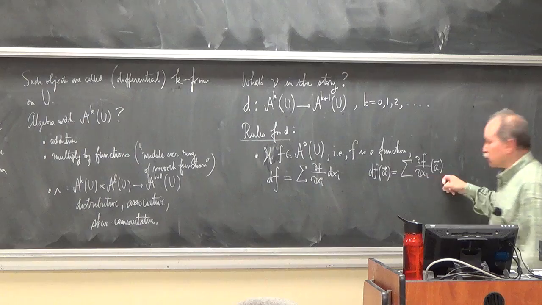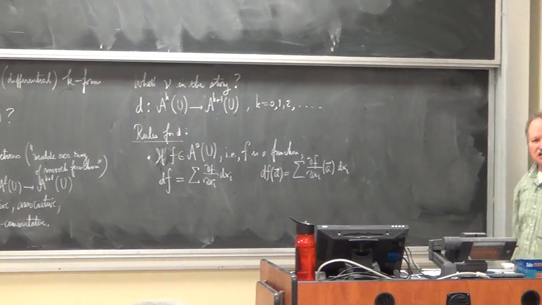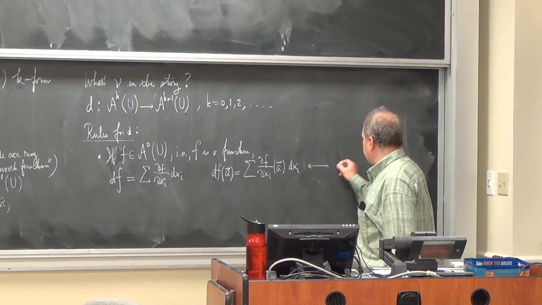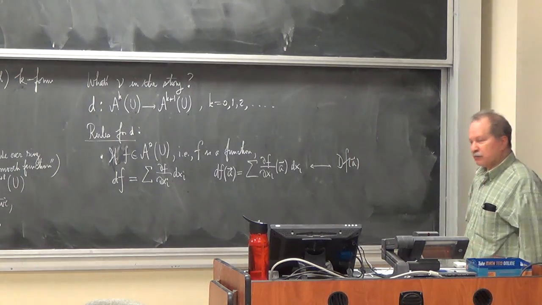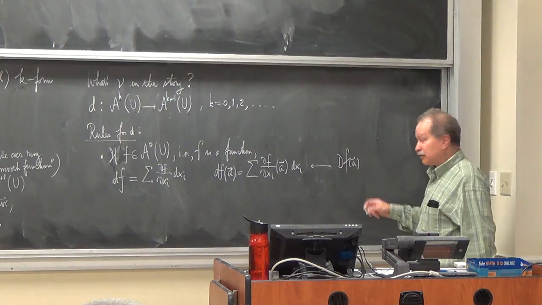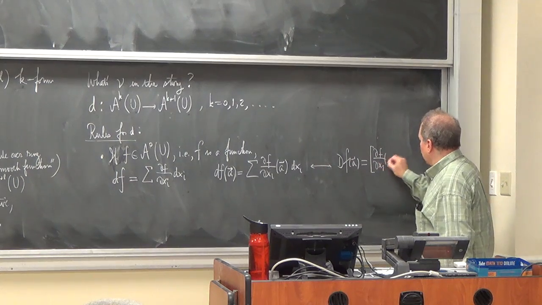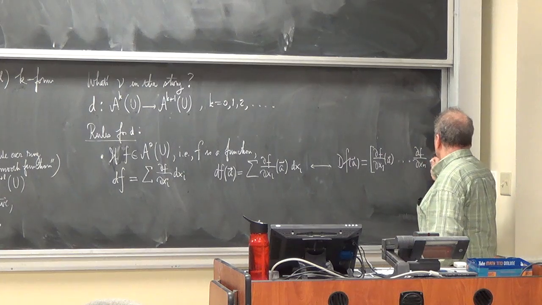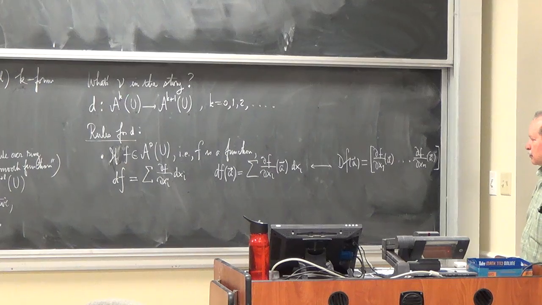So those are now numbers multiplying the corresponding basis guys dx1 up to dxn. But what does this remind you of? It reminds you of the derivative matrix. Multiplied by a. No, not multiplied by a. The derivative matrix at a is the matrix of partials at a.